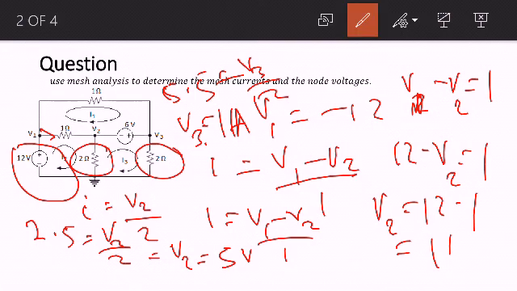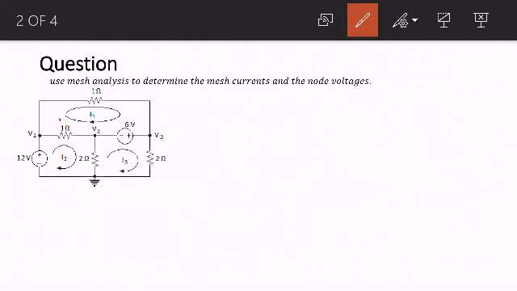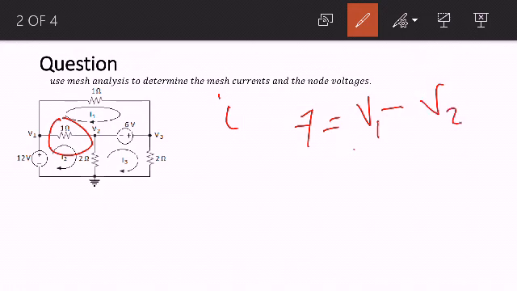Okay, I correct a mistake quickly. Let's see this again, the current here. We said that the current passing through the 1 ohm resistor is either I1 minus I2 or I2 minus I1, which we actually got to be 7 amperes. So we have 7 equal to V1 minus V2, all over the resistor, which is 1.